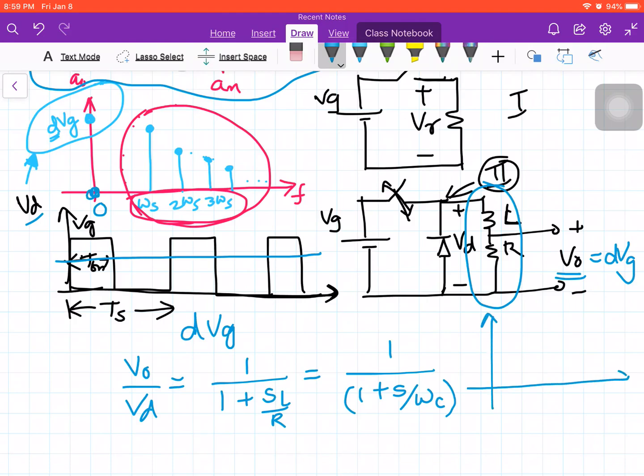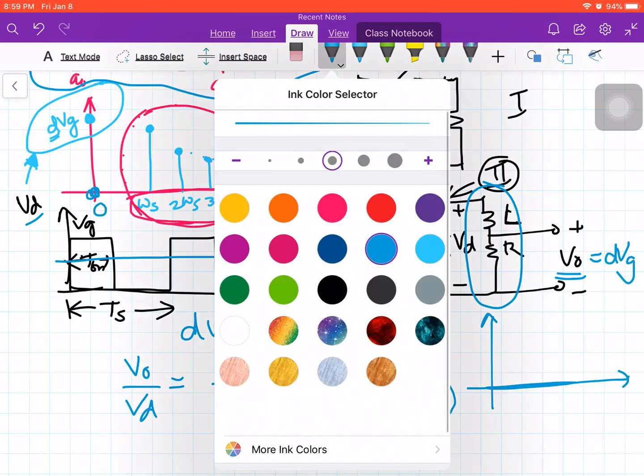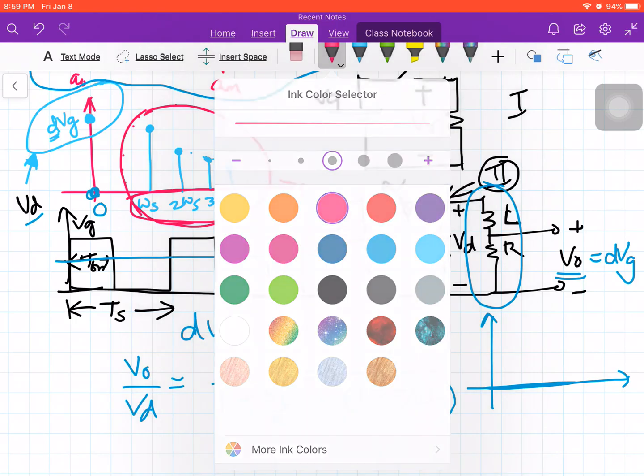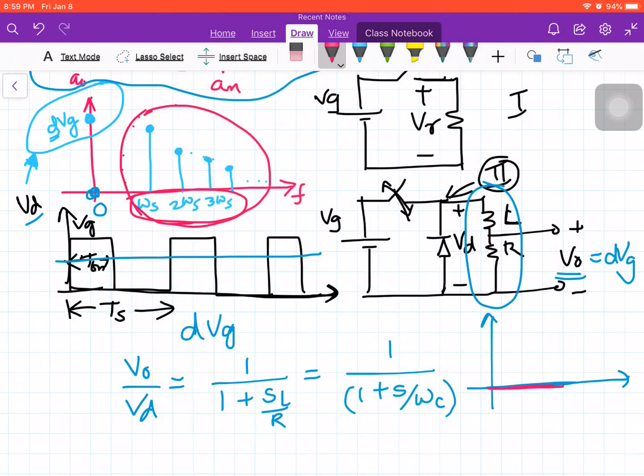If I draw its Bode plot, for frequencies very very small compared to omega c, it is just a simple gain, and it starts falling at minus 20 dB per decade at omega c, which in our case is equal to R by L.